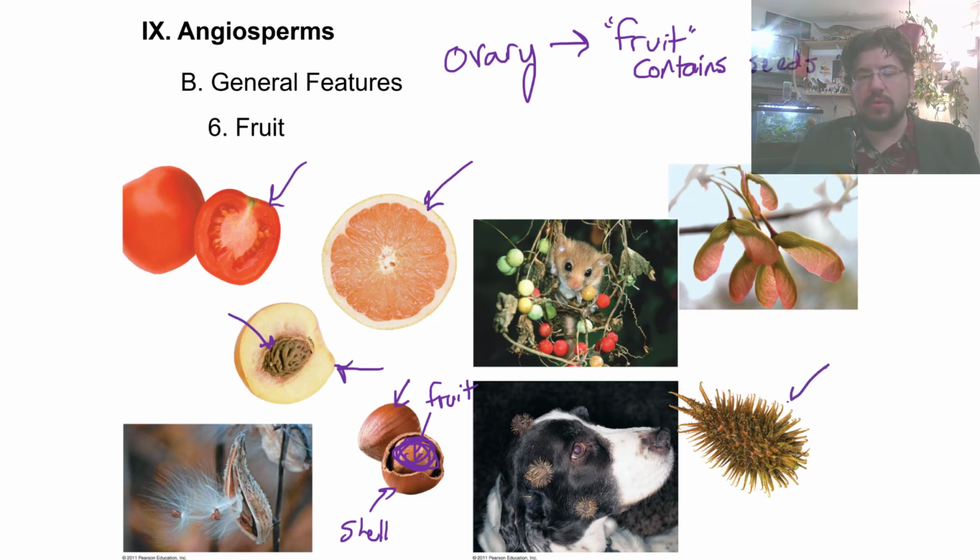Some ovaries turn into cool, wacky stuff, like the burrs that make your life uncomfortable when you go hiking. Those are great for dispersal. And some fruits look a lot like gymnosperm seeds in that they are adapted for wind dispersal. So fruit is not just tasty berries, or what you think of when you think of fruit. Right?